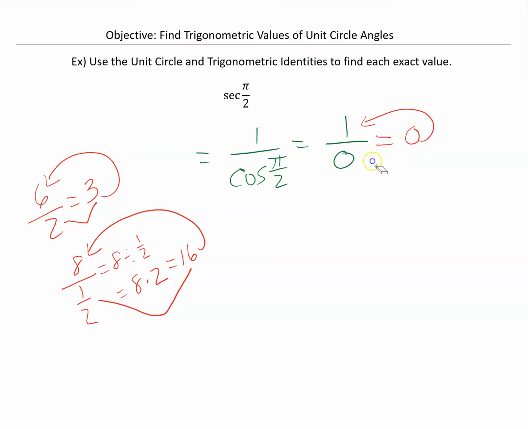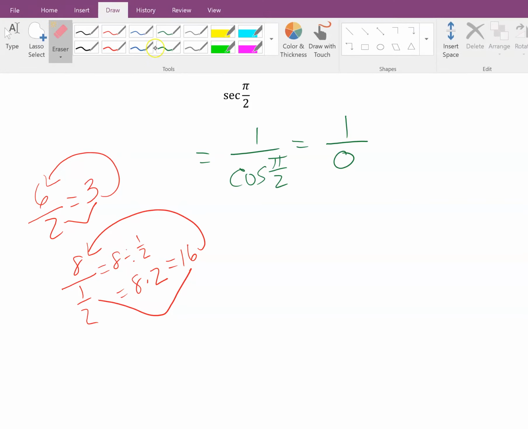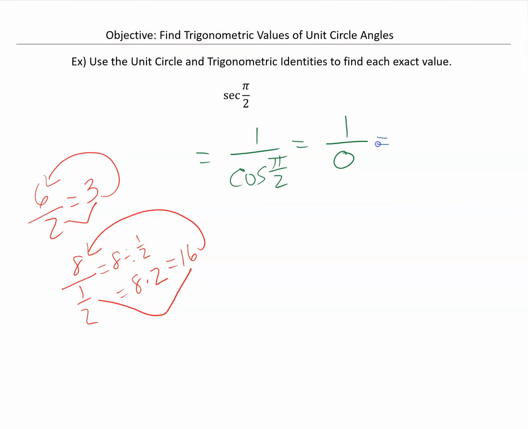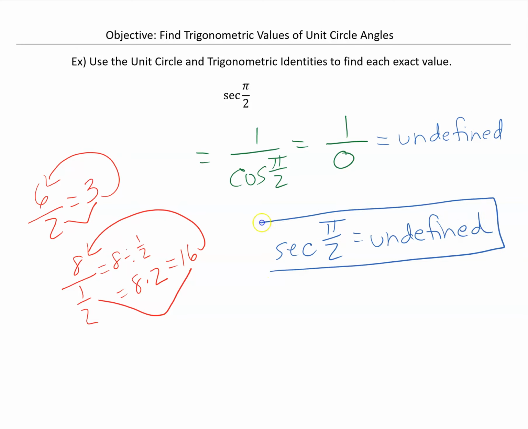Since nothing times 0 equals anything other than 0, we have to realize this is what we call undefined. We cannot divide by 0. So our secant of pi/2 radians is going to be considered an undefined value. And when we get to graphing our trig functions and graph secant, we will realize that what this creates at this x value of pi/2 radians is a vertical asymptote.